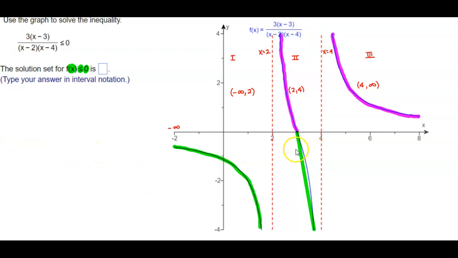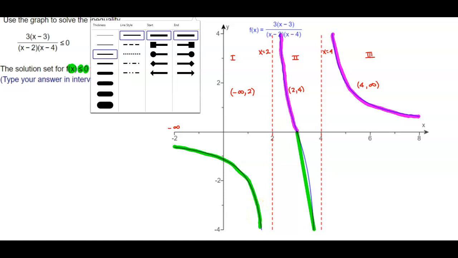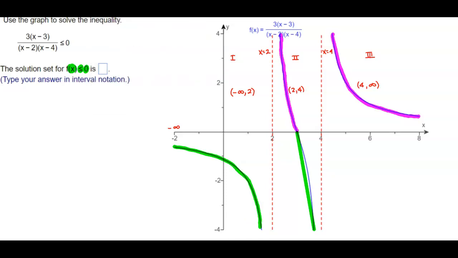So which intervals do you find where it is below or above the x-axis? Well, we can see what the first region tells us. That first region goes from negative infinity to positive 2.